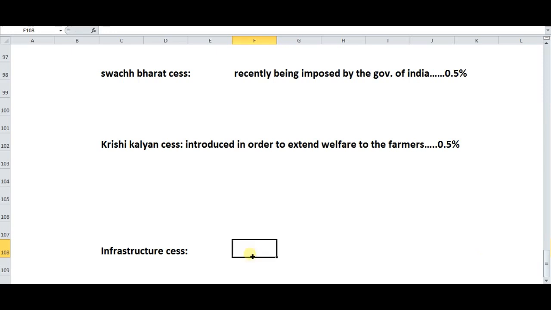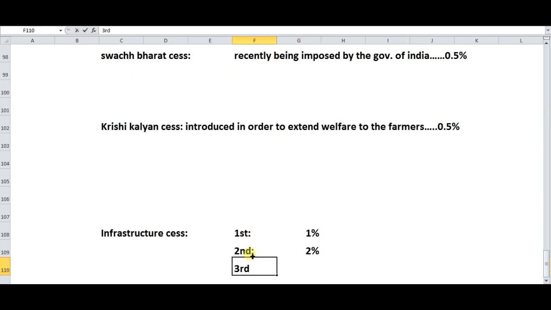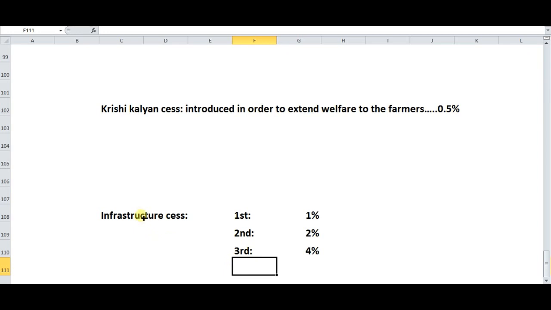The first slab 1%, second slab 2.5%, and third slab 4%.